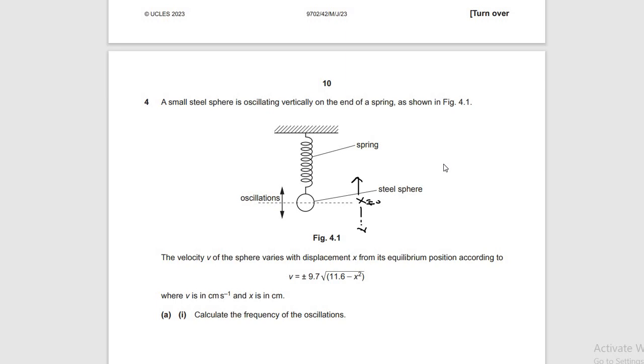In both cases, from the equilibrium position, there will be a small distance up and another distance down.